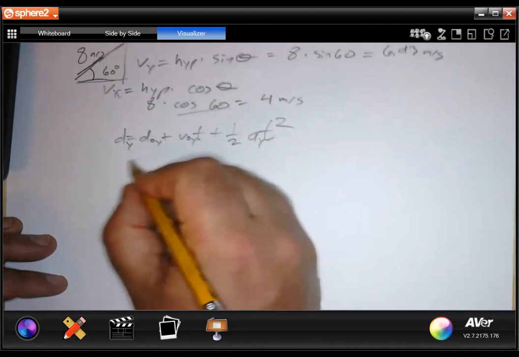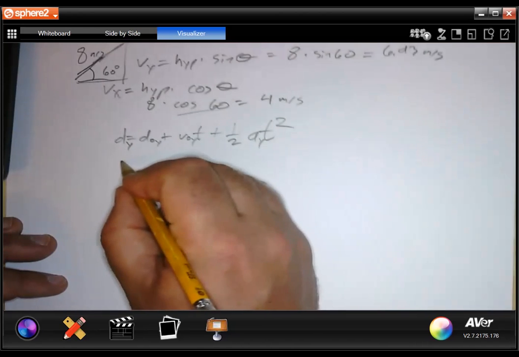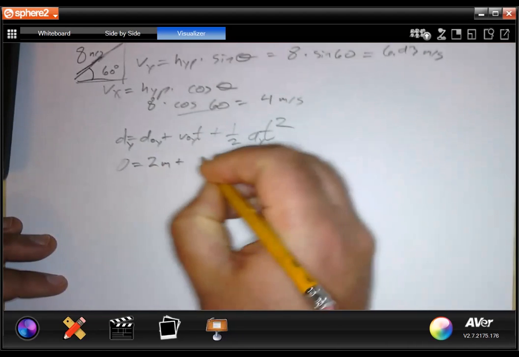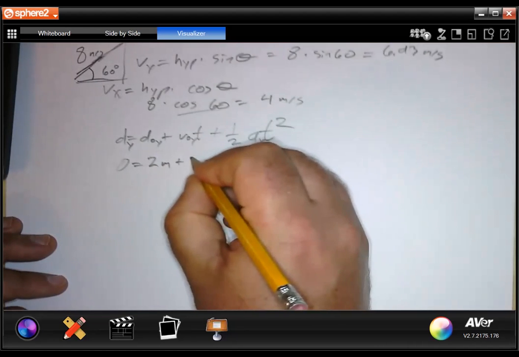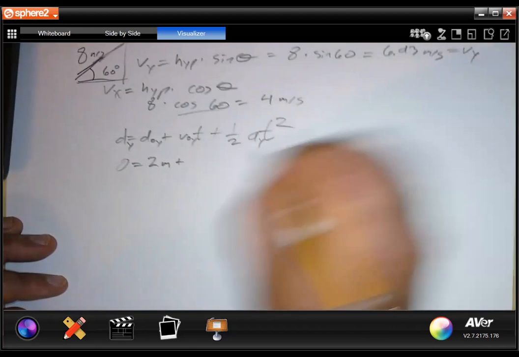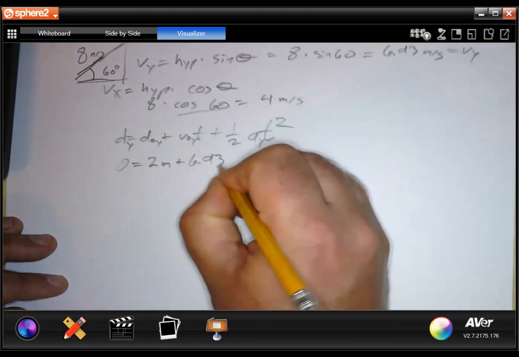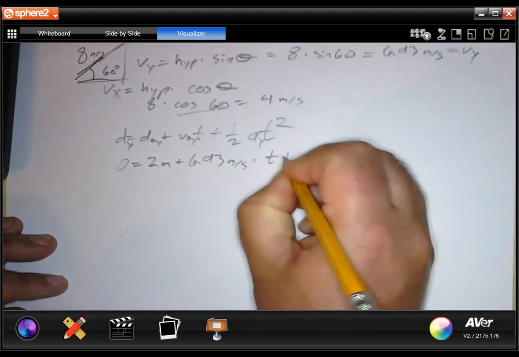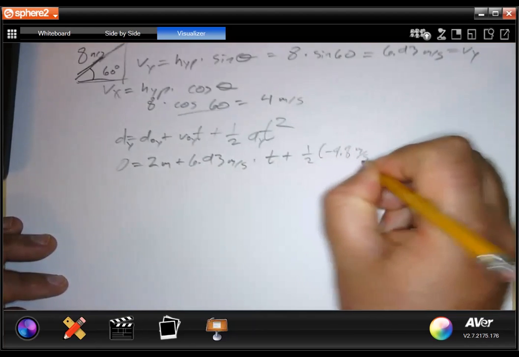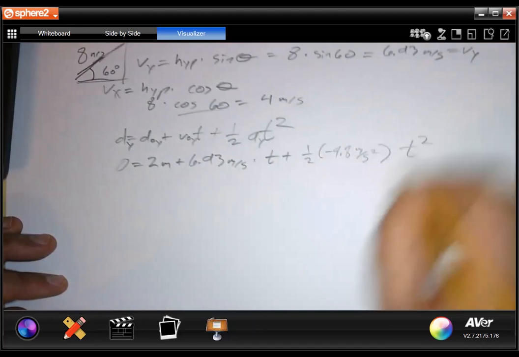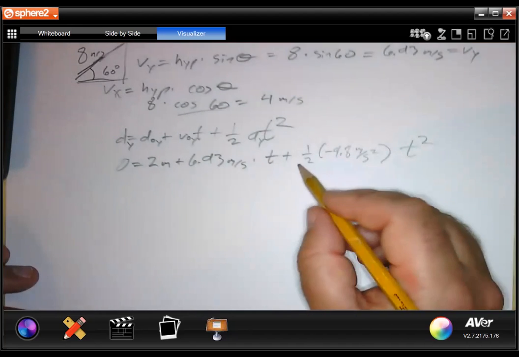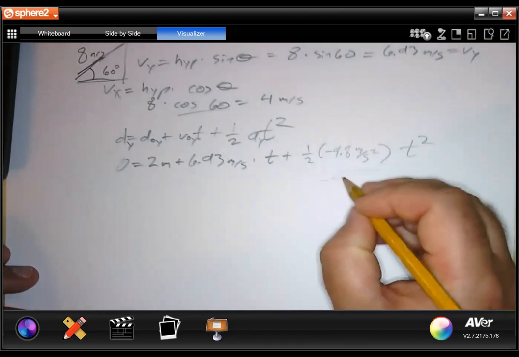All right, so we end at 0. We started at 2 meters, and this is in our y, so this was Vy up here. Okay, so that sets up our line here. Now, if I rewrite this, by the way, this is negative 4.9.